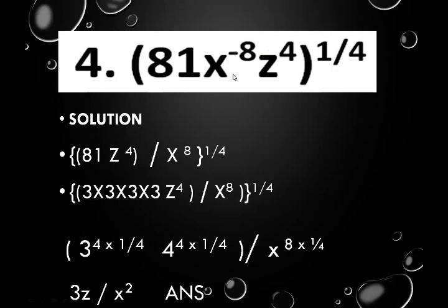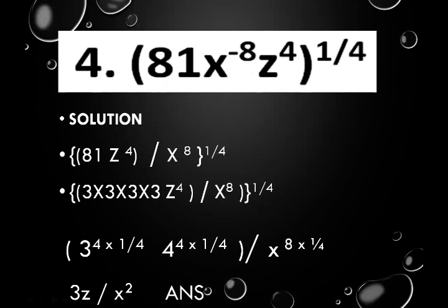Now we will move towards the reduction of the exponents. In 3 to the power 4 multiplied by 1 over 4, both 4s will cancel each other out. Similarly, for z to the power 4 multiplied by 1 over 4, again both 4s will cancel each other out, and we will have only z upon x to the power 8 multiplied by 1 over 4.